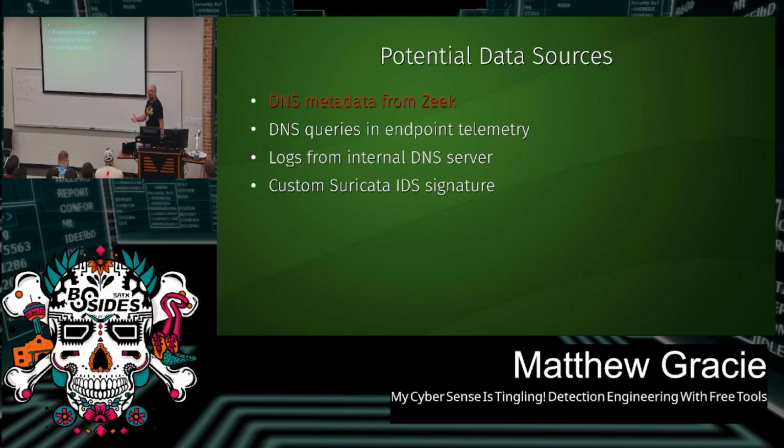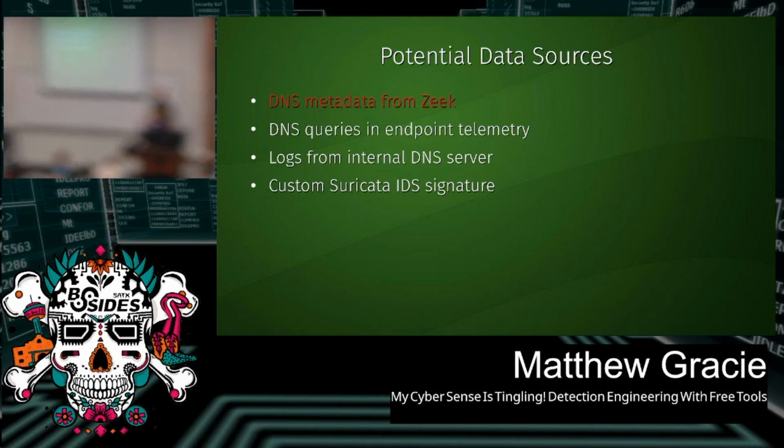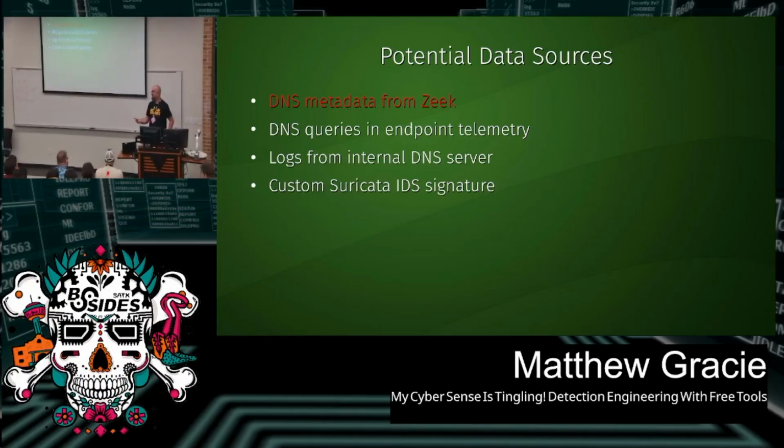with the DNS metadata from Zeek. And the reason for that is, for one thing, if you look for the DNS queries in endpoint telemetry, who has ever worked in a large enterprise where every endpoint actually had all the agents it was supposed to, and they were all turned on, right?